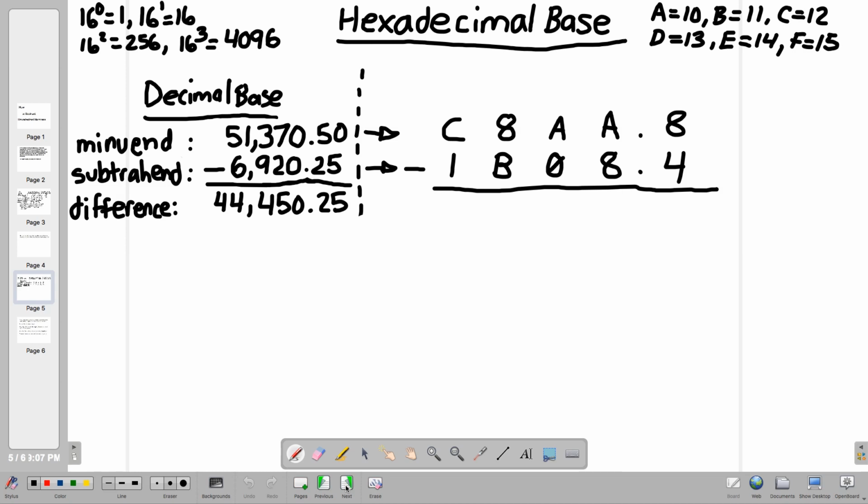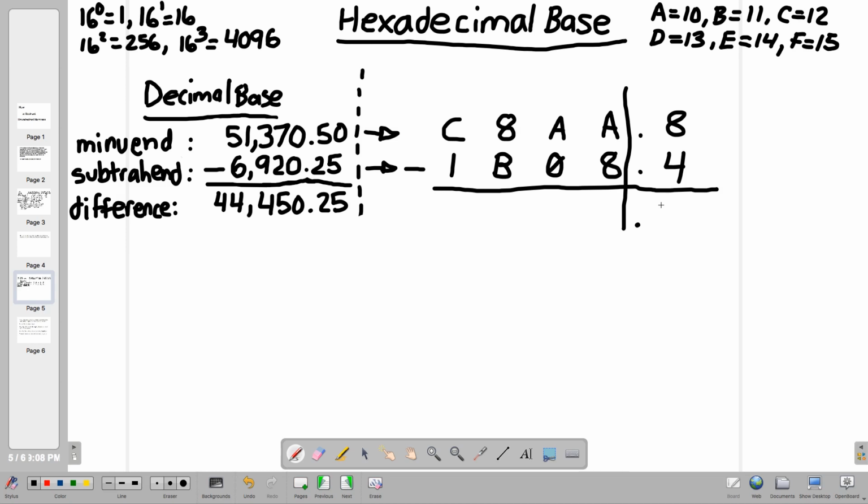Let's compute. All right, so once again, we want to start with the least significant column, and that's always the one to the far right. Let's go ahead and try to line this up. Now this time we're dealing with decimal points, so I'm going to go ahead and line that up. And let's begin. So towards the right we have 8.